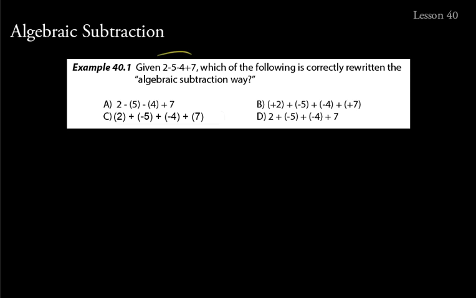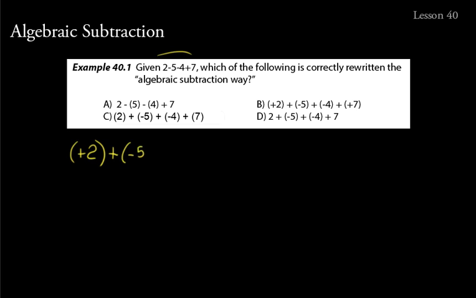What we do with this is everything gets a sign and every number or term has a plus in between it. We're just thinking of grouping things together. So a 2 out front means a positive 2. If there's no sign there, it's a positive 2. And then we put a plus right here, plus a negative 5.